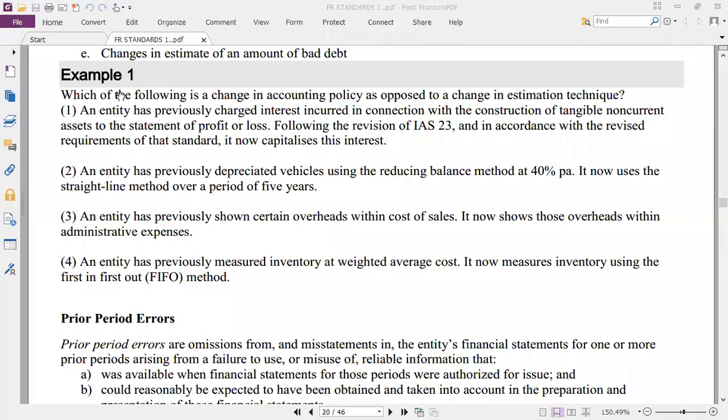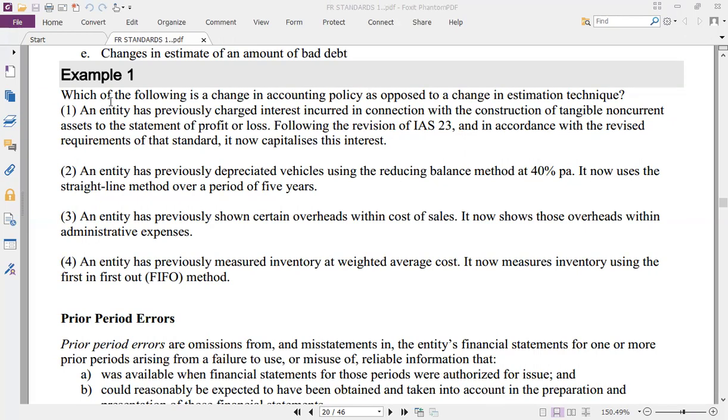So the first one states that, okay, so this example. Which of the following is a change in accounting policy as opposed to a change in estimation technique? One, an entity has previously charged interest incurred in connection with the construction of the tangible non-current asset to the statement of profit and loss.